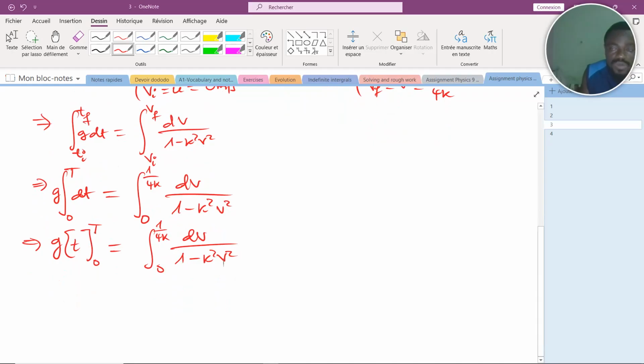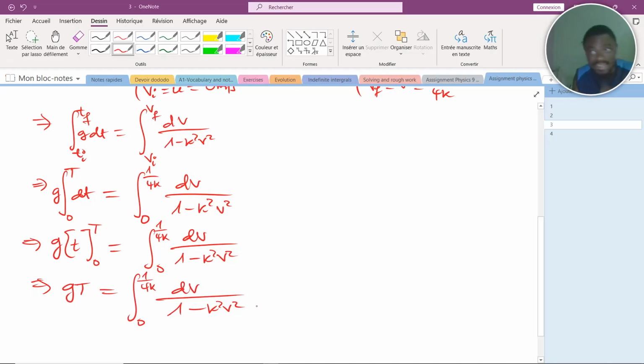When we substitute the upper and lower bounds, we have capital T minus 0. So this simply gives g capital T equal to the integral from 0 to 1 over 4k of dv over 1 minus k square v square.